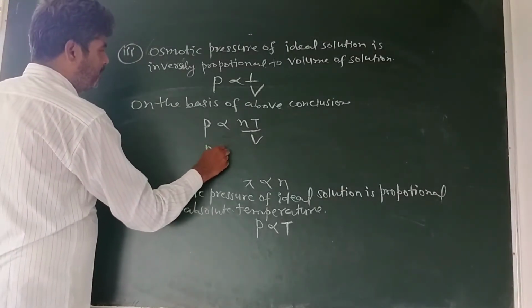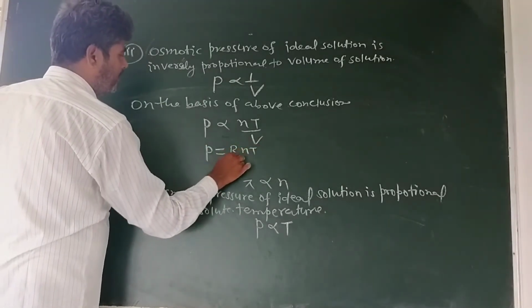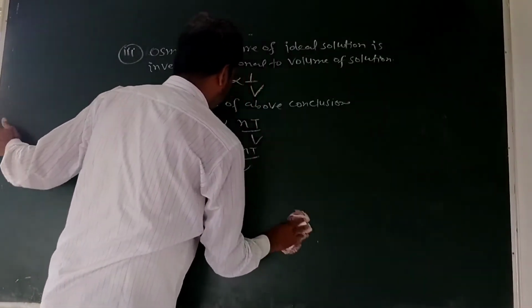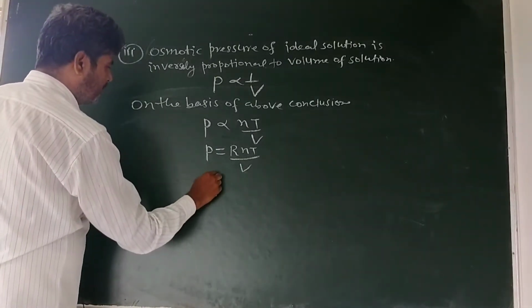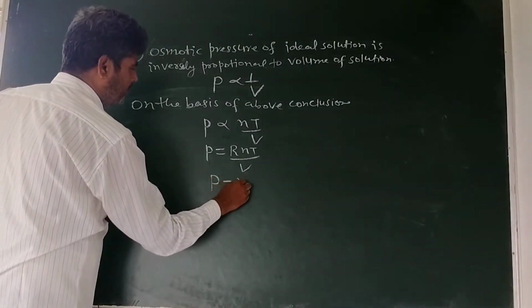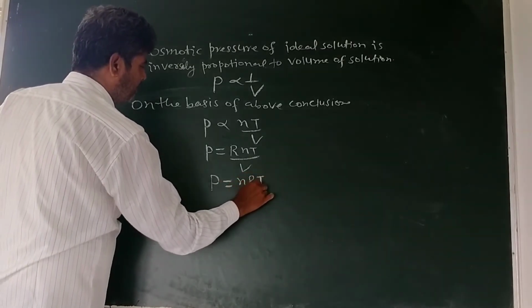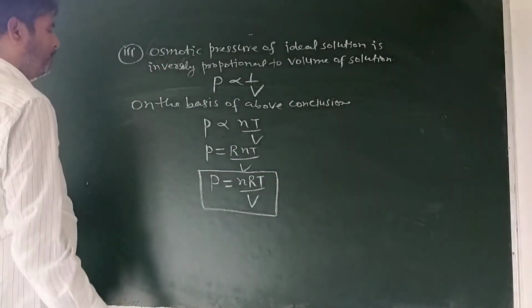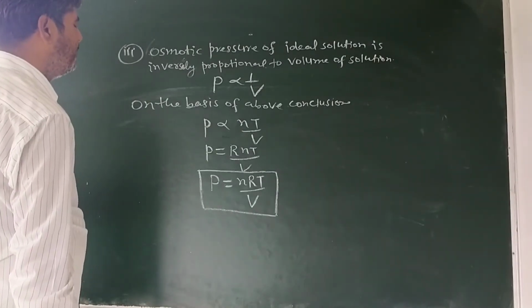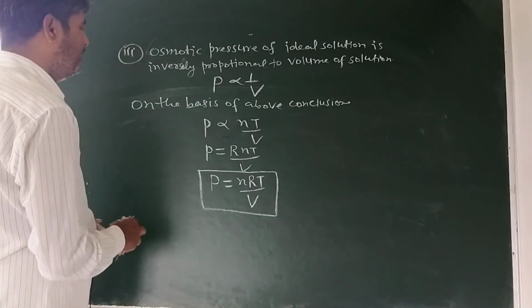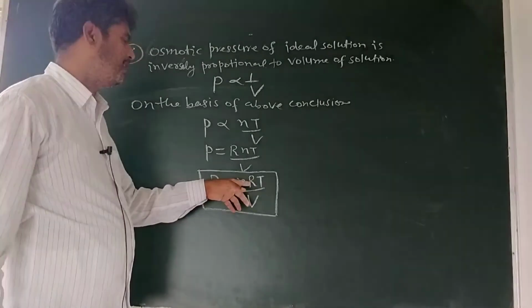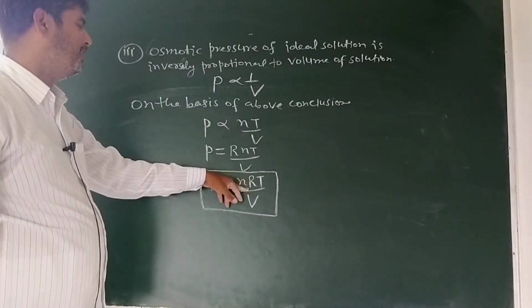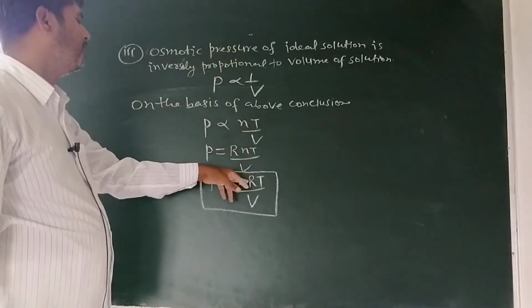So pi is equal to RnT upon V. The proportionality constant is also represented by S. In the case of gas, R is known as the universal gas constant, but here in case of solution, this R is known as the solution constant.